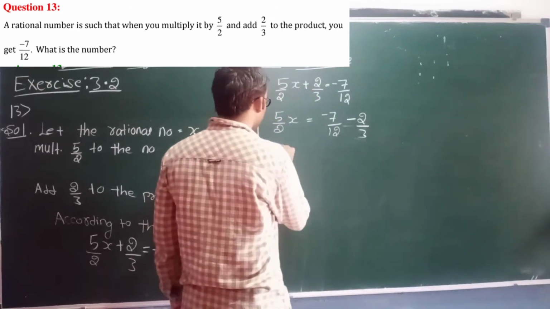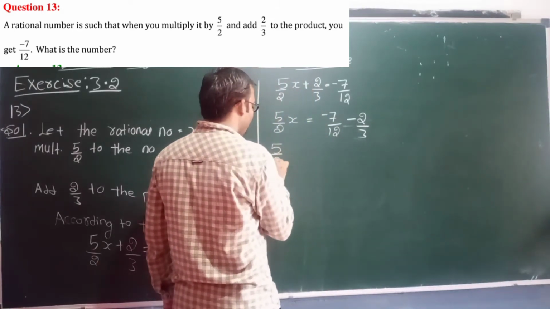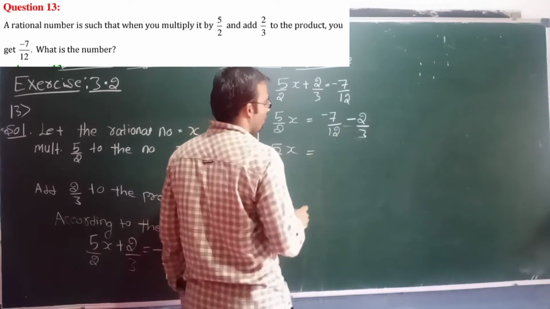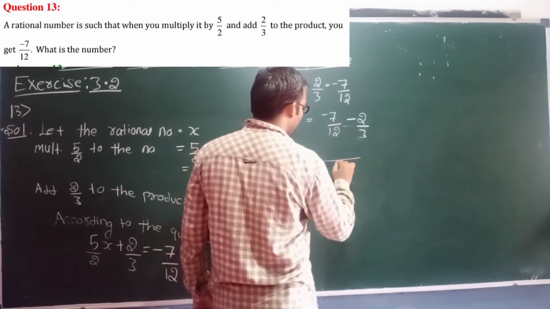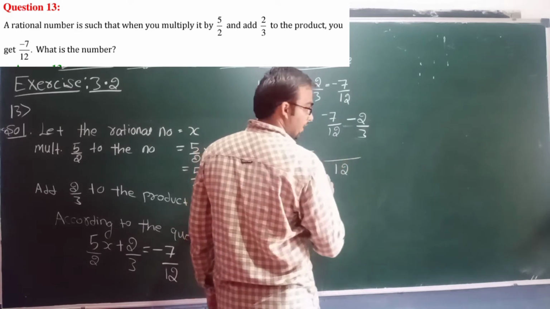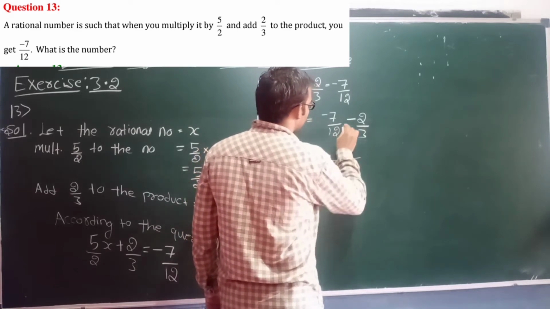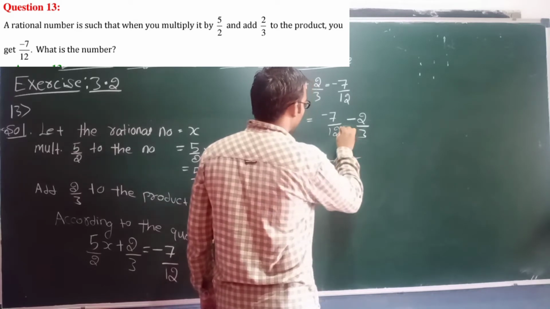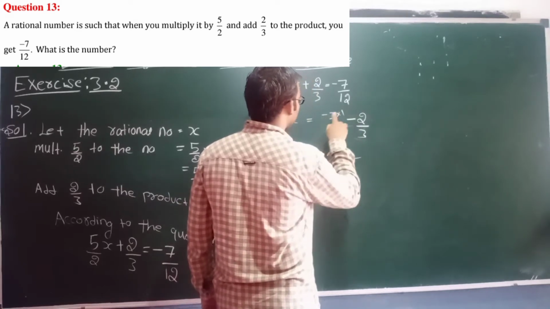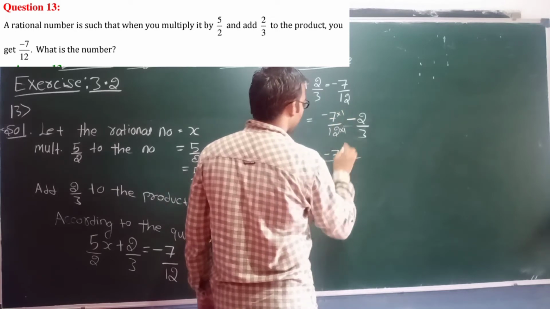Okay. So here 5 by 2x equals, students, LCM of 12 and 3 is what? 12 only. Okay, so I am writing here directly. LCM of 12 and 3 is 12 only. So as denominator is 12, LCM is 12, multiply only 1 here. So this will be minus 7 into 1 is minus 7.